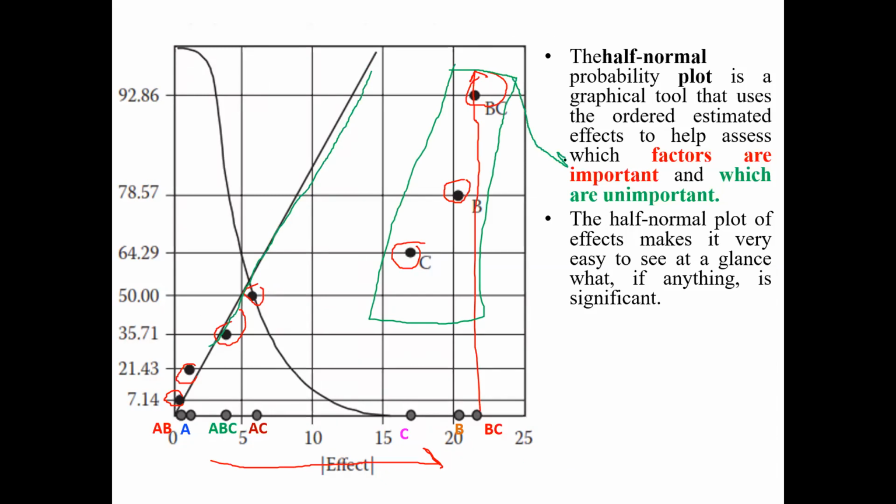These are called significant factors. And those falling on this line are called non-significant factors, also called unimportant factors. So the half normality plot is basically helpful to segregate the significant versus non-significant factors. These are the significant factors since they fall away from the line, and these are the non-significant factors.